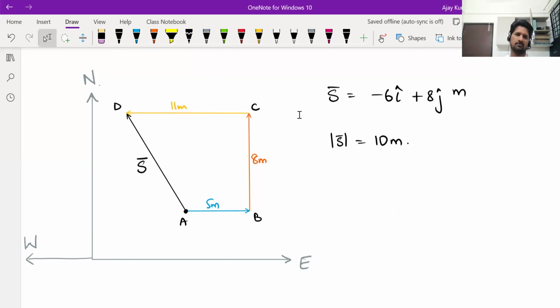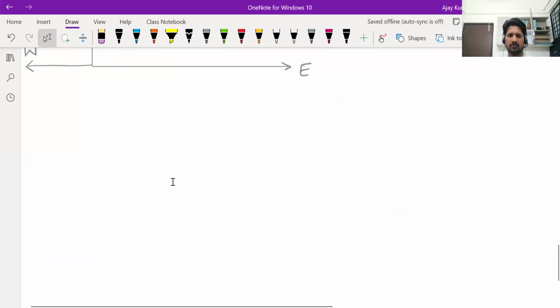How does it look? Saket, you tell me, in which direction does that displacement appear to be? Northwest. But I told you one point when we started discussing motion in a plane. Only if it makes 45 degrees can you call it northwest. This vector may not make 45 degrees. So let me take that vector aside for a moment and fix the origin at the tail of that vector.